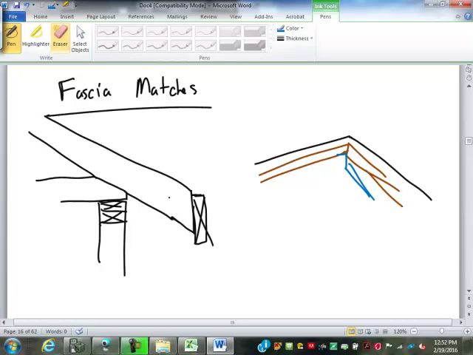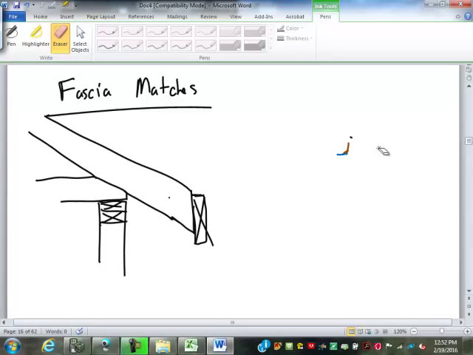Okay. But what we were looking at, we had L roofs that had a different slope than the main roof, and we had hip roofs that had different slopes from the main roof.